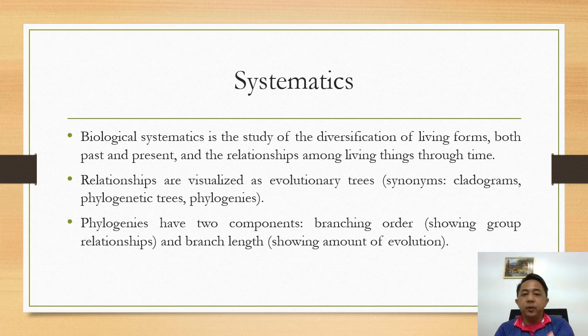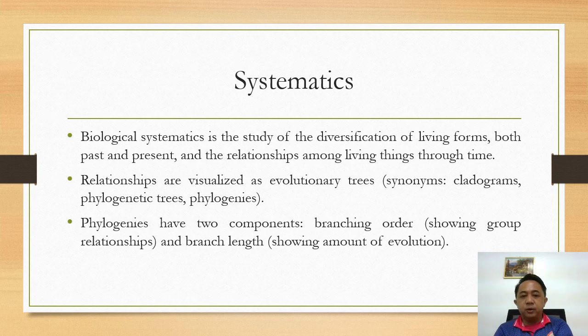So we are going to understand both past and present relationships among living things, particularly microorganisms, because you are going to focus more on bacterial or microbial taxonomy. Okay? So again, we are going to go back and study the evolutionary trees, wherein under your evolutionary trees, we have again your synonyms: cladograms, phylogenetic trees, and phylogenies.